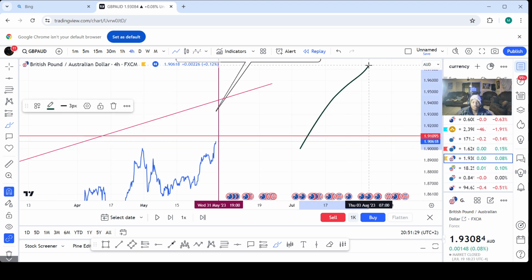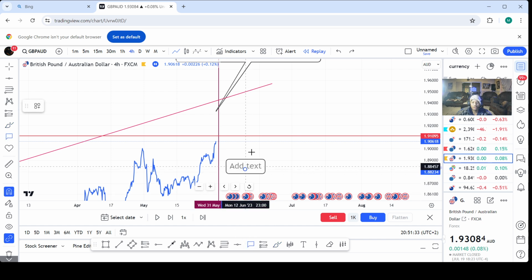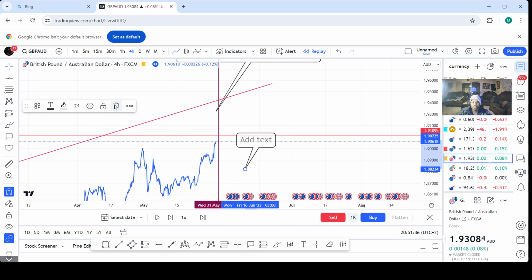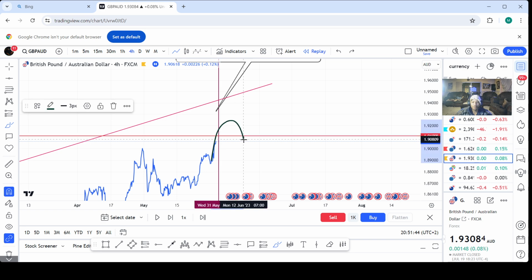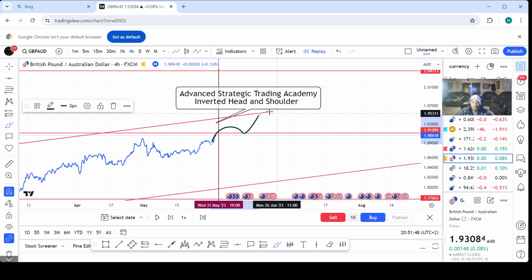We can see that we are approaching our overall resistance, which is the red key level. If the market breaks above and retests, we're looking for pushes to the upside. The market can even push to our next key level up there.